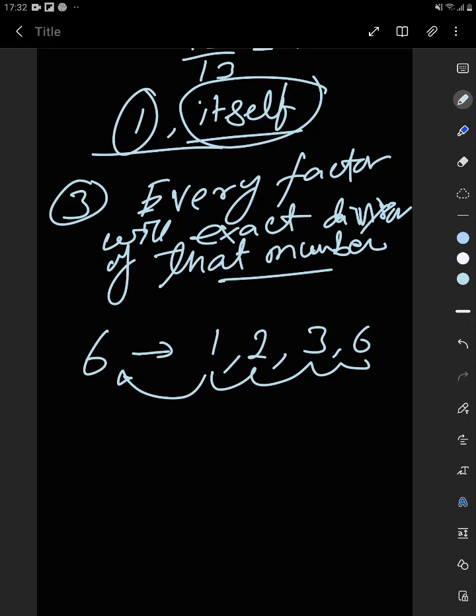Now we'll come to the fourth property, that every factor is less than or equal to the given number.